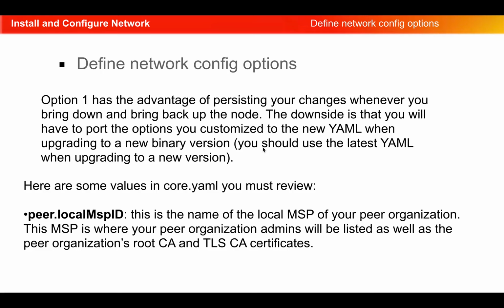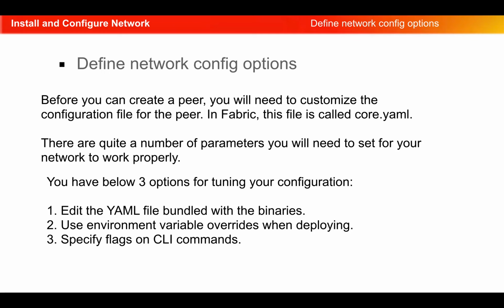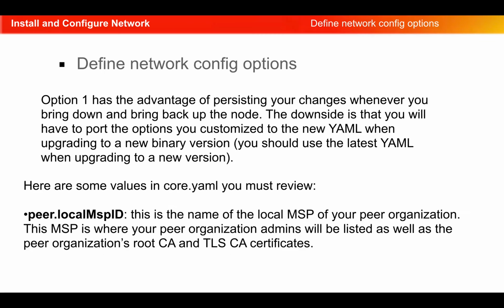But if you use the other two options, environment variables and specifying the flag, that means it is not persistent. Environment variables override the existing YAML file, and it is not persistent if your network goes down. The same thing goes for CLI commands as well.